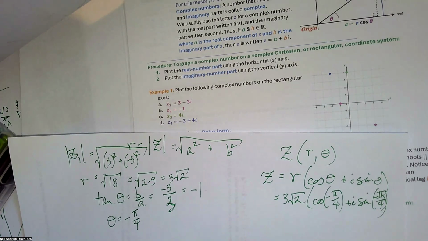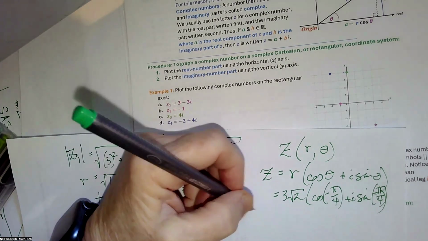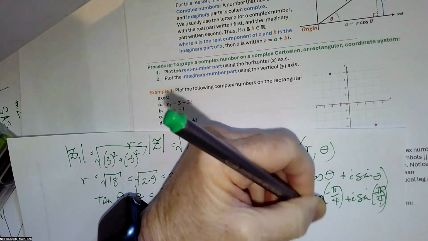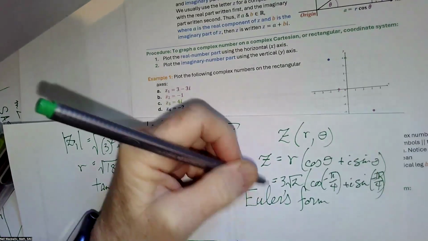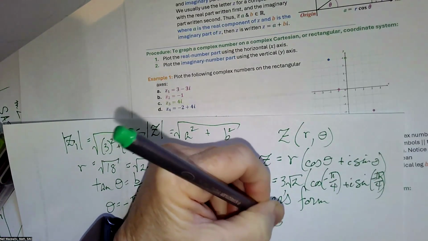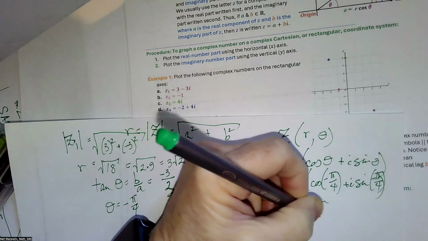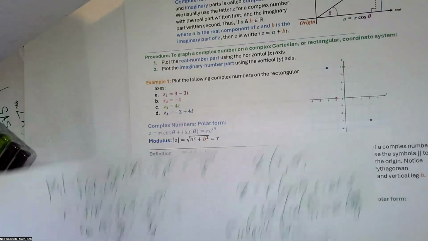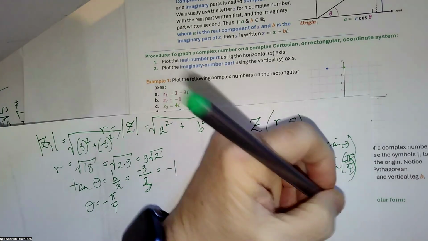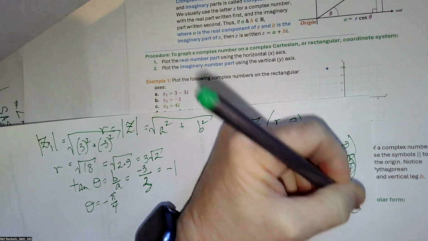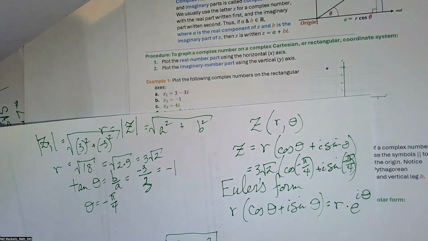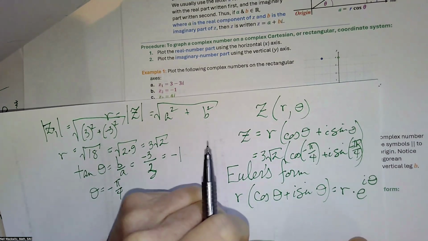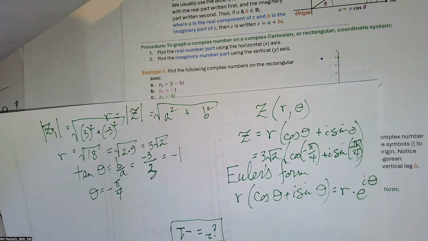The notation that is better is Euler's form, which is that r cosine theta plus i sine theta is r times e to the i theta. And this notation is what you'll use most of the time if you take engineering or physics classes.